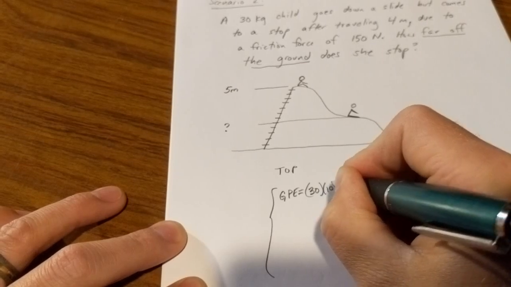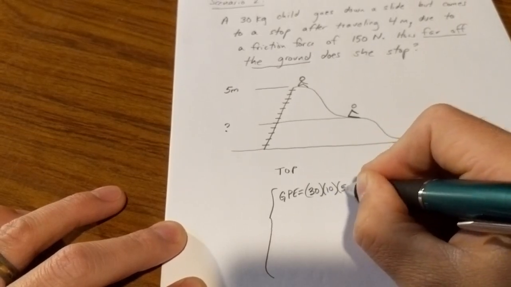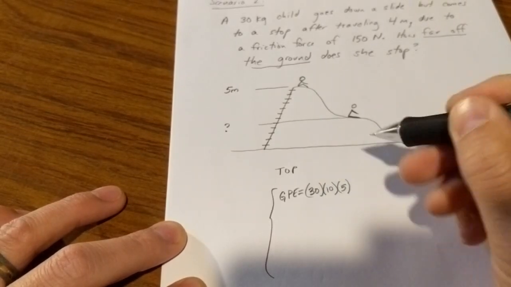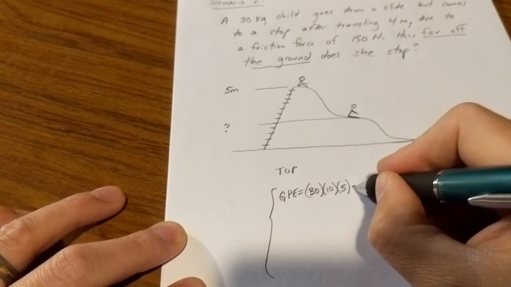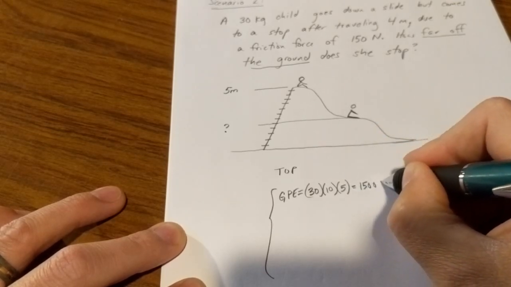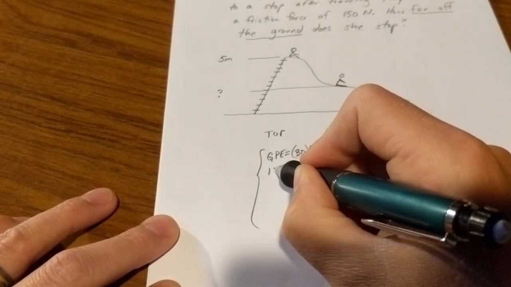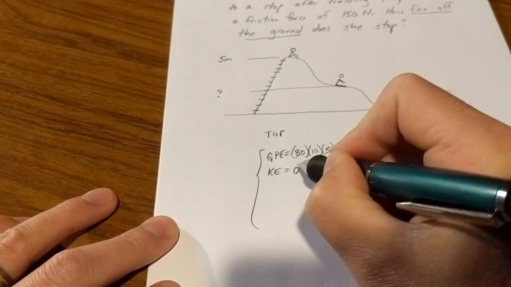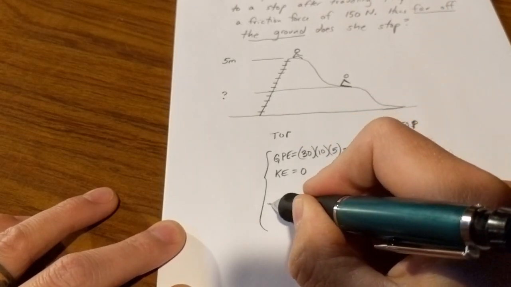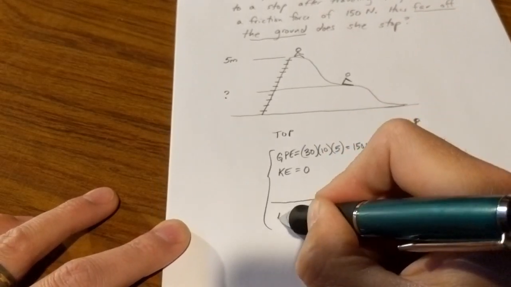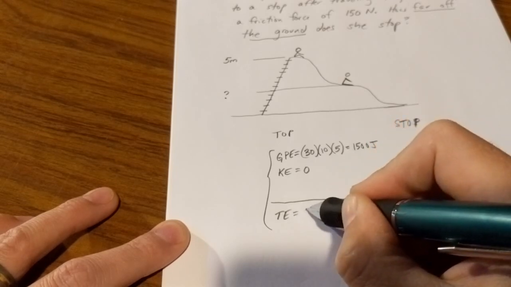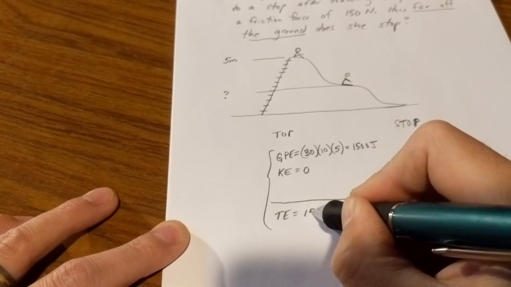We'll use 10 for gravity, at a height of 5 meters off the ground. 30 times 10 times 5 is 1,500 joules. At the top, the child was stationary and no energy had been lost, so the total energy of the child is 1,500 joules.